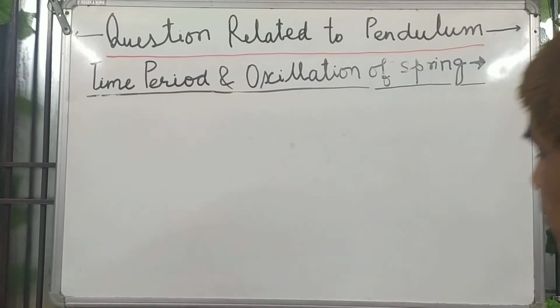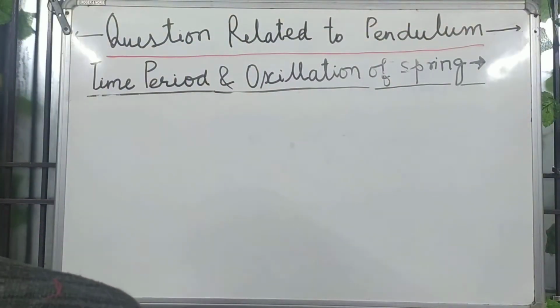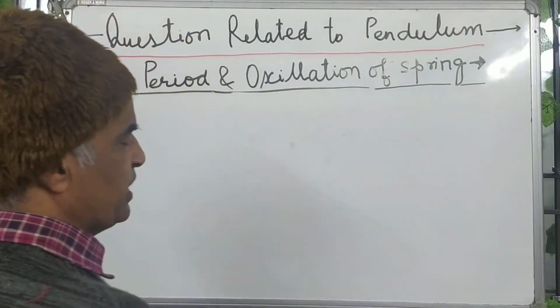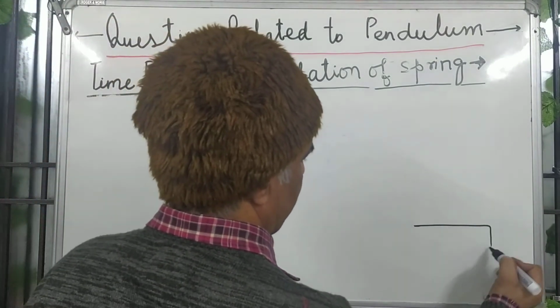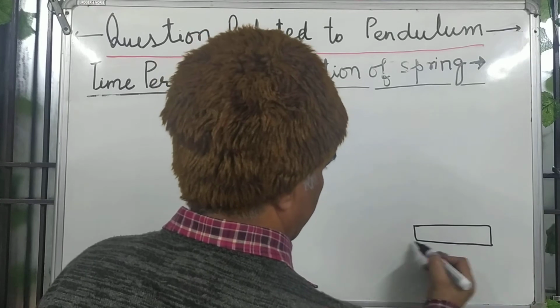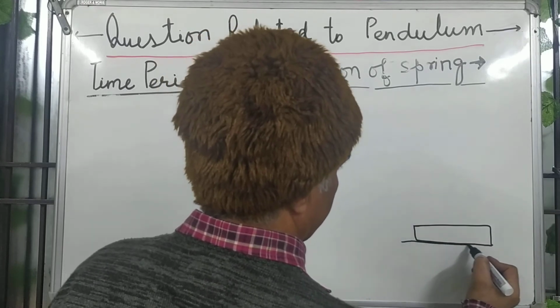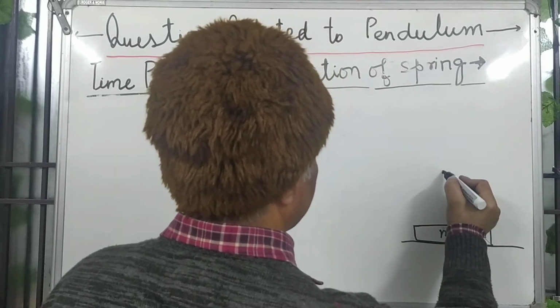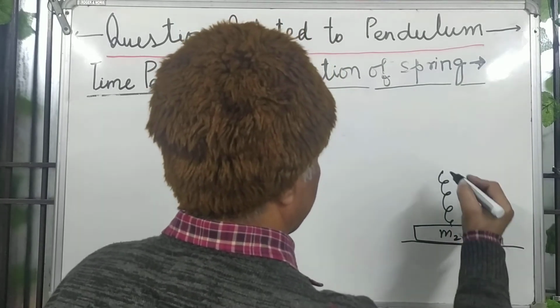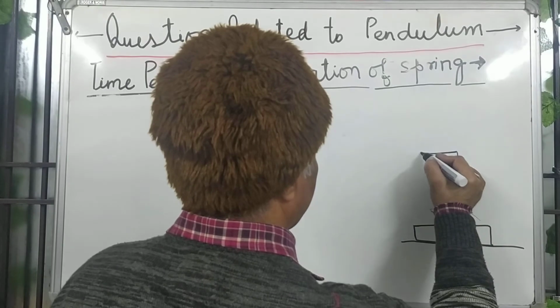Our next question is a very, very interesting question. This is a mass on the table, this is a table or ground, this mass is m2, and this is attached to another mass m1.